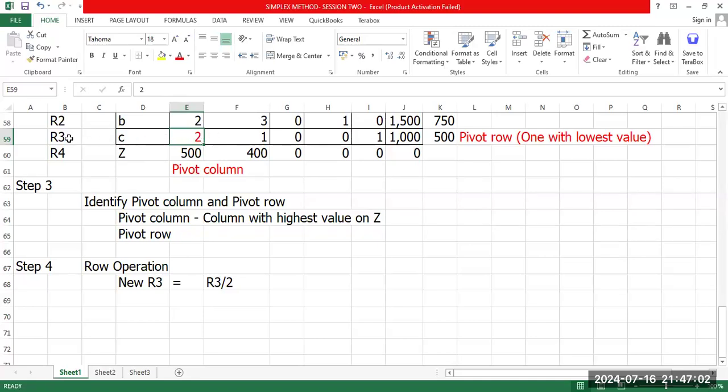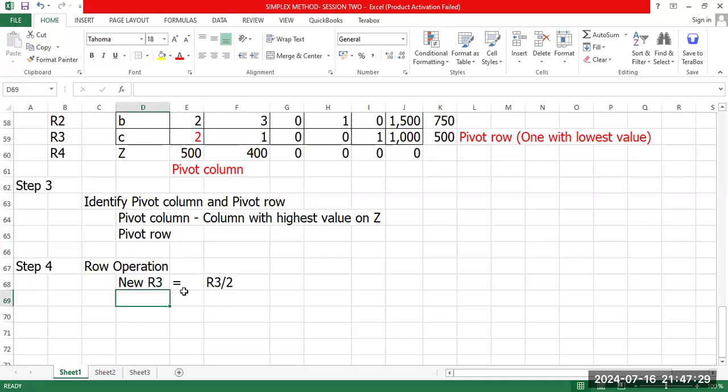And which formula will that be? You're going to get the original row 3. This is your original row 3. Then divide by 2. Why are you dividing by 2? Because this is the figure you want to change. You always divide by the figure you want to change. If here we had 10, we divide by 10 here. If we had 8, we divide by 8.